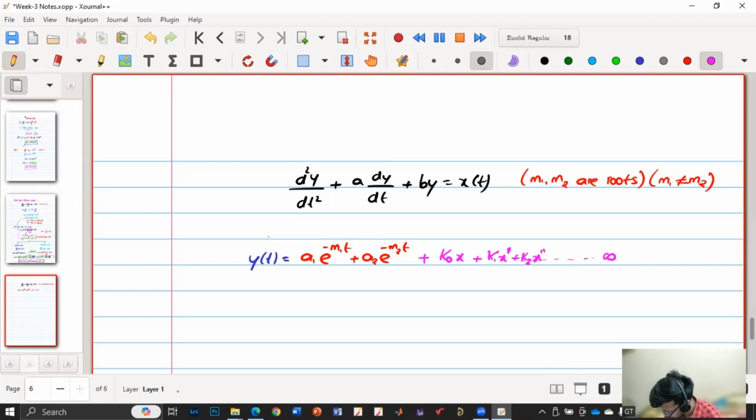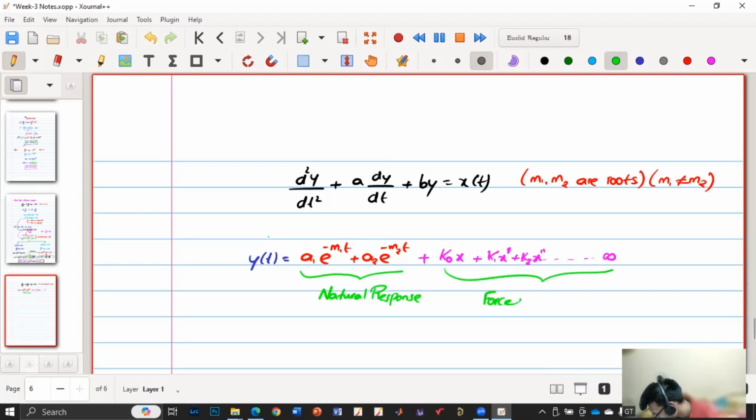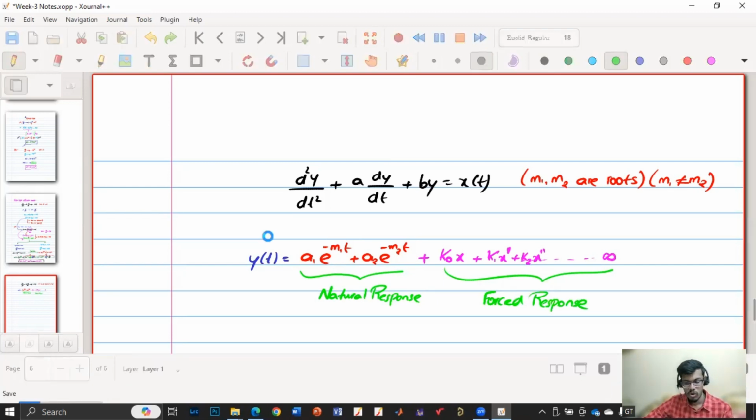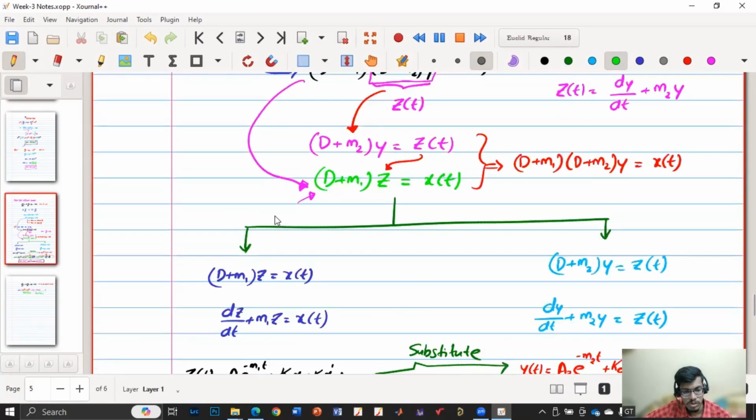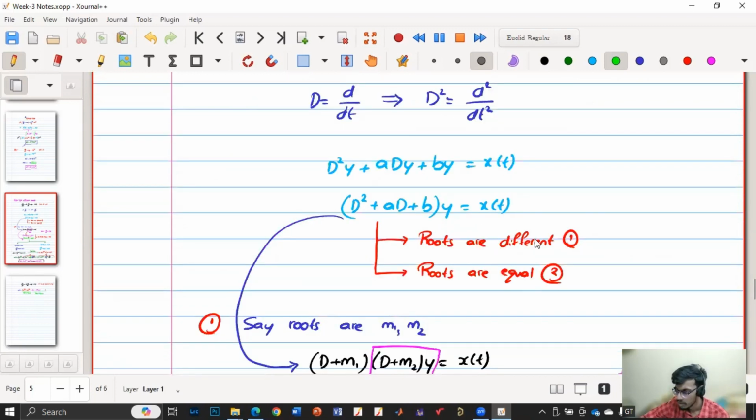So this is my natural response, and this is my forced response. In this way we can solve a second order differential equation when the roots are distinct or not equal. This completes our first part where we considered roots are different.